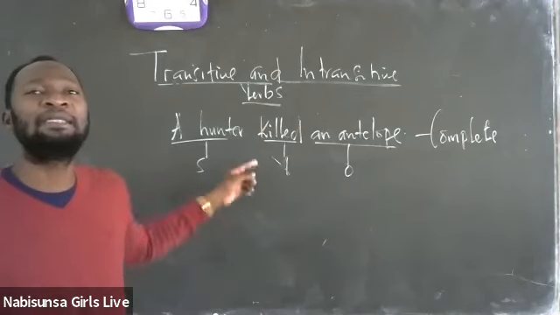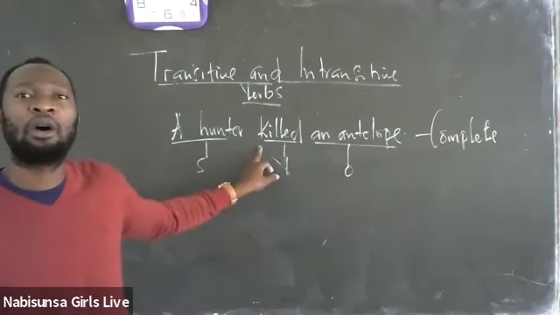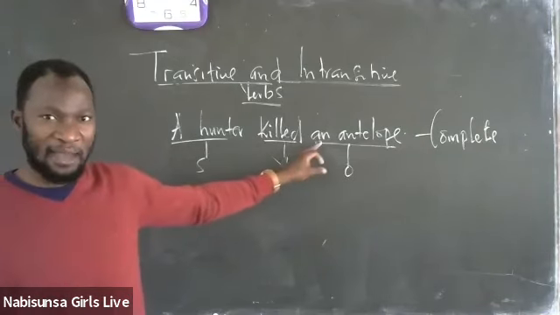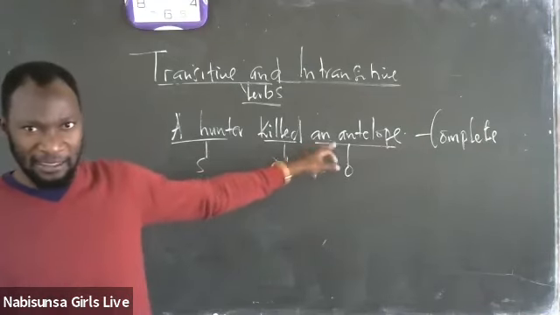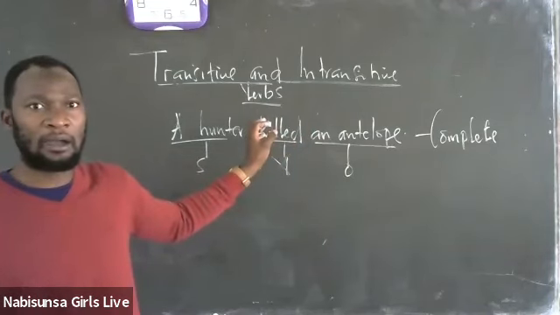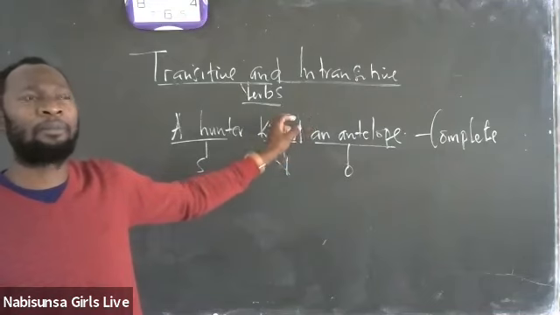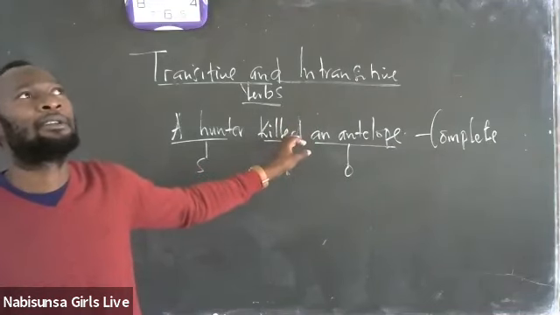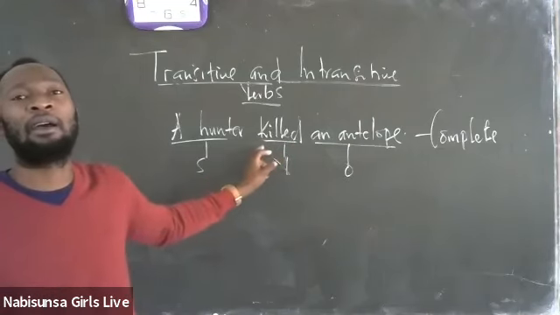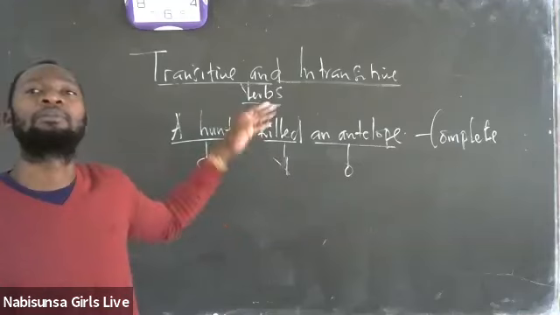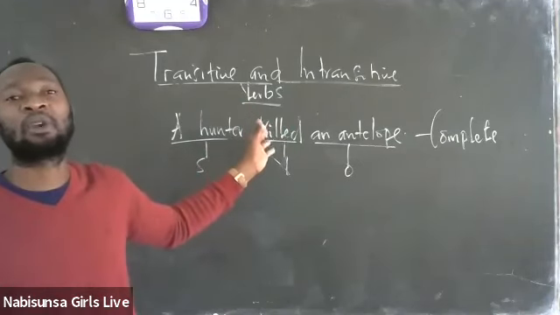So to complete the meaning of the verb to kill in this sentence, it requires an object. Kill an antelope, kill a lion, kill what? A monster, killed a baboon, and so on and so forth.